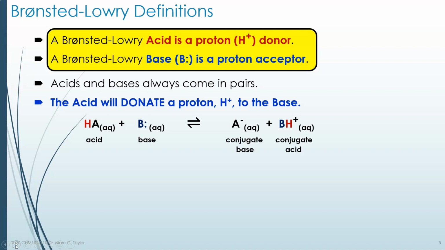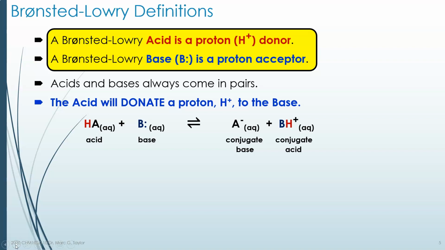So we start with an acid and a base, and we end up with a new base, what we call the conjugate base. That's the A minus in this case, because theoretically this reaction can go backwards, and A minus can pick up a proton. Therefore, A minus is a proton acceptor if it went in the backwards reaction. So we call it the conjugate base. It's the base made from an acid. And BH plus is the conjugate acid.